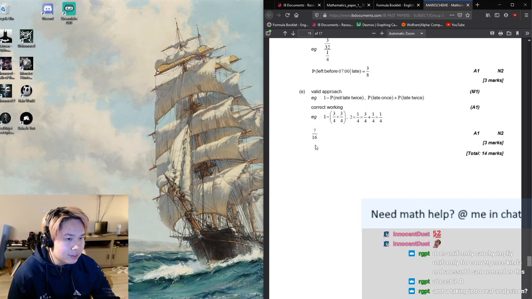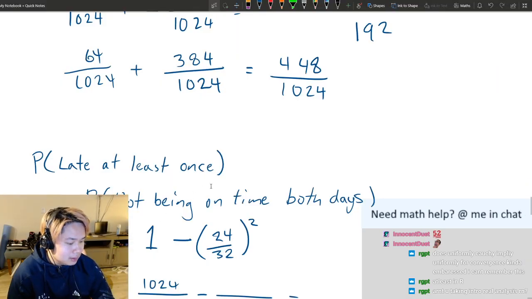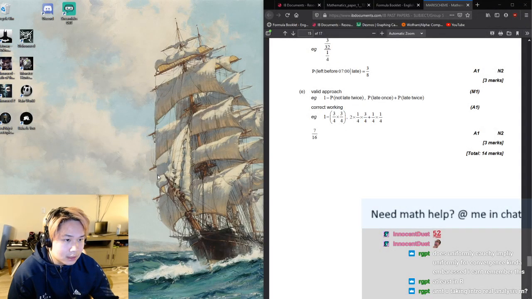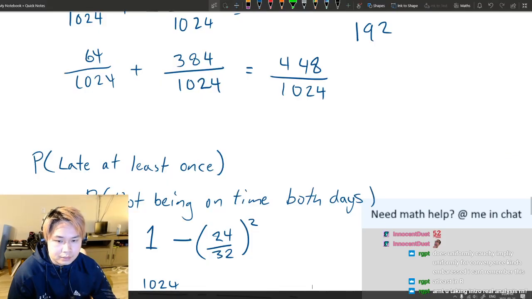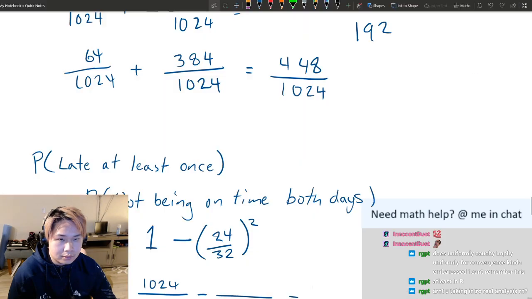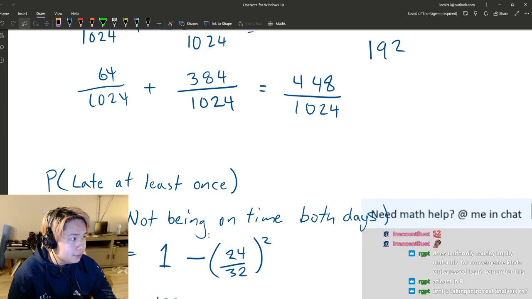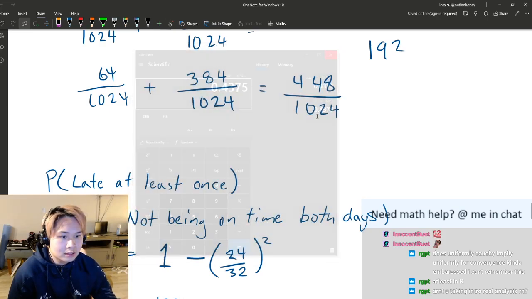And then they have 7 over 16. So 7 over 16 is this decimal. And then 448 over 1024. Same decimal. Okay, so it's right.